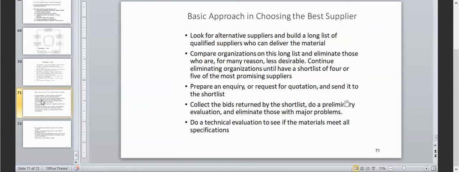And the eliminating process will continue until the organization only has a short list of suppliers.